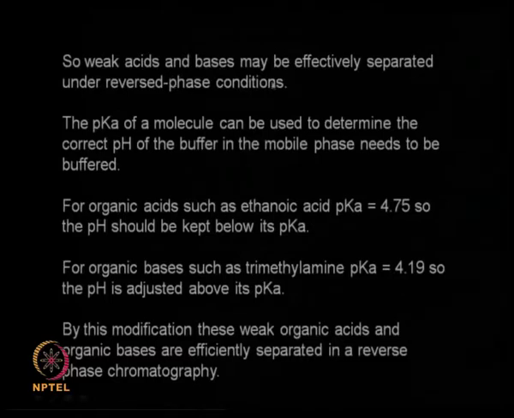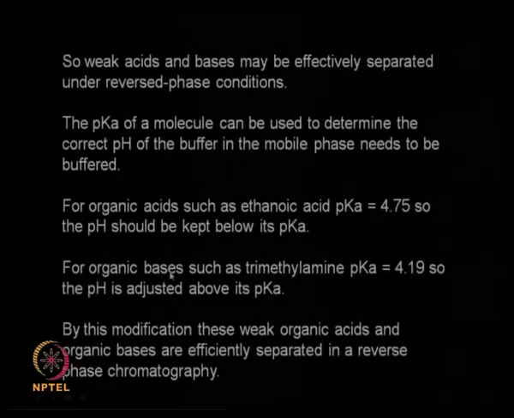So weak acids and bases may be effectively separated under this reverse phase condition. So the pKa of a molecule can be used to determine the correct pH of the buffer in the mobile phase. So based on the pKa we can adjust the pH in the buffer, okay. So for example, for organic acids such as ethanoic acid, you know pKa is 4.75, so the pH should be kept below its pKa, so we have to use lower pH so that you are preventing the ionization.